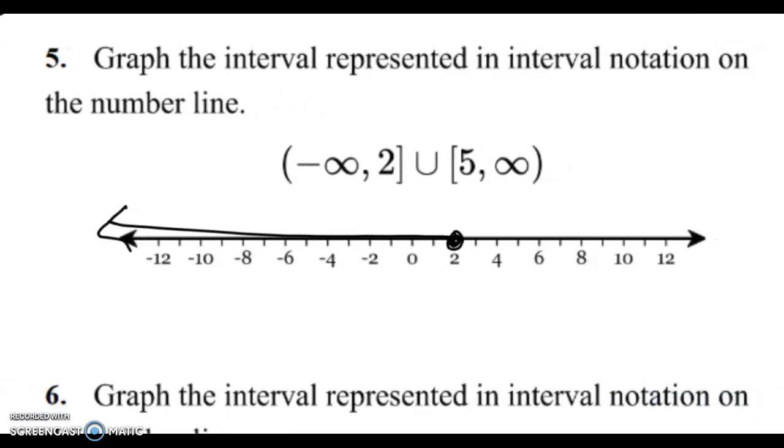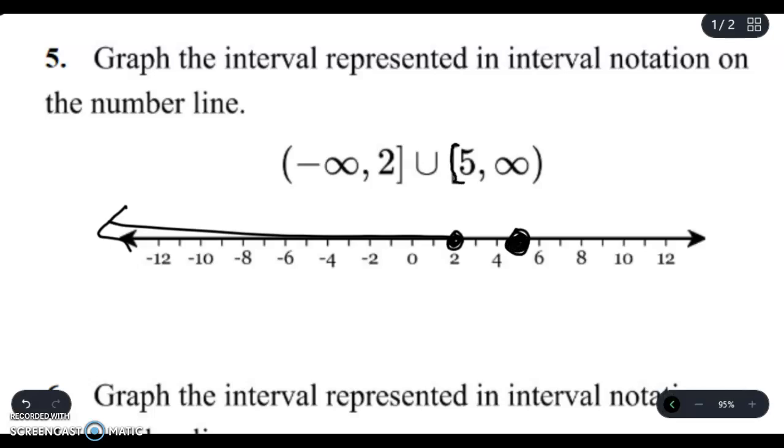Then we go to 5, and close that circle in because it's a bracket. See the bracket? And we'll go to positive infinity this way.